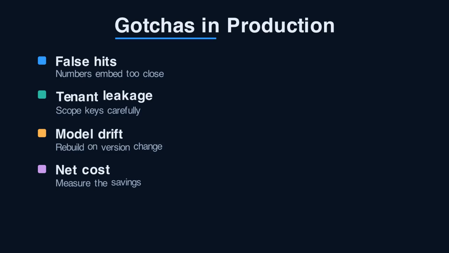Treat that as a security bug, not a cache miss. Third, distribution drift. If you change the embedding model or its deployment, old vectors are no longer comparable, so version your index and rebuild. And remember, embedding calls and vector storage cost money too. So confirm the cache actually pays for itself before celebrating.